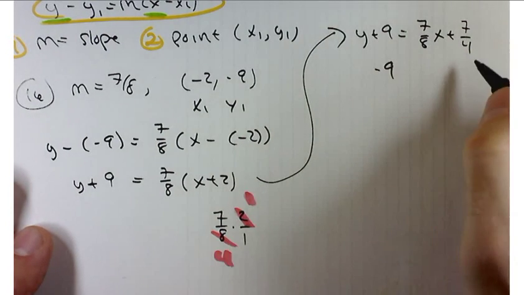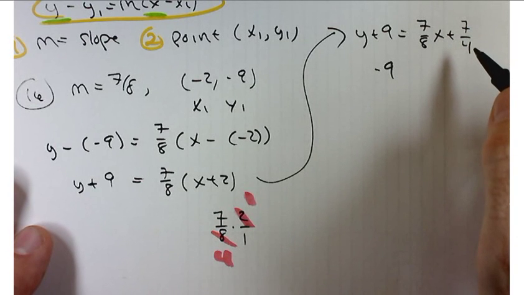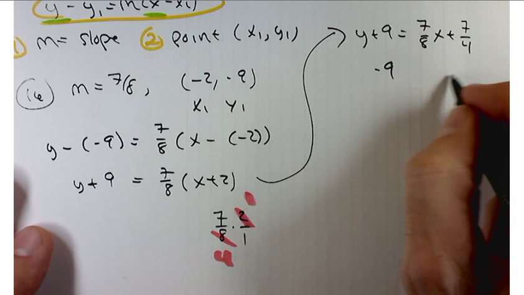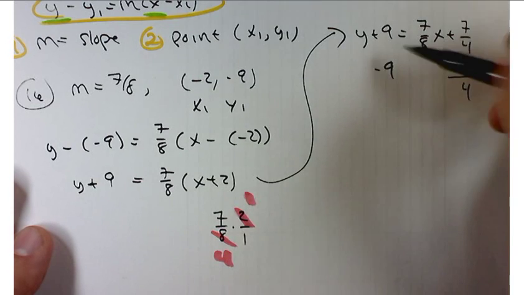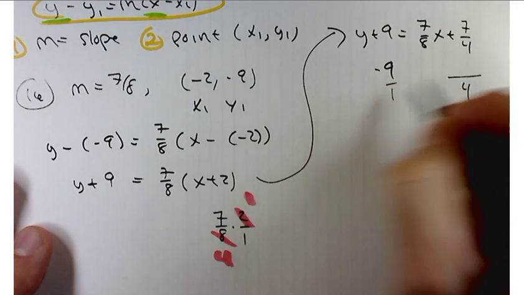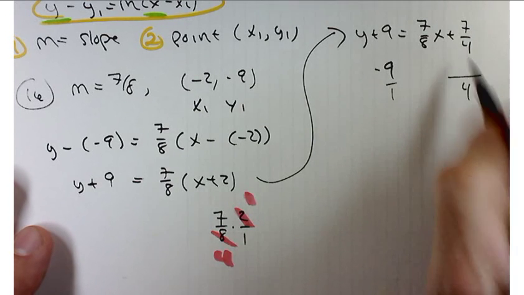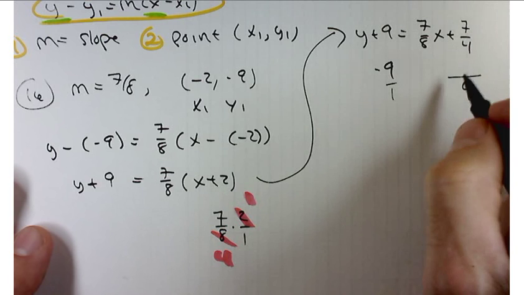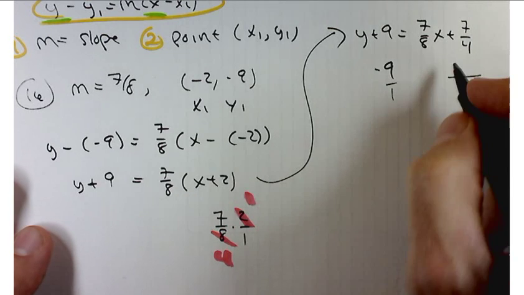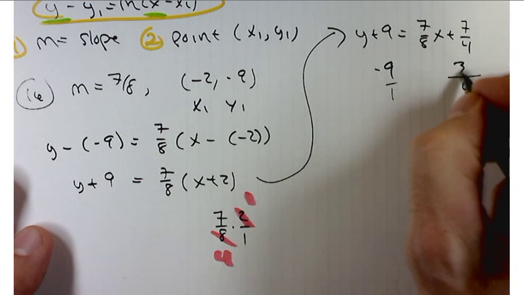Subtract 9. When I subtract it over here, I anticipate that I'm going to need a common denominator. 9 over 1 is equivalent to 4 and what? Something over 4. Thank you, 36.